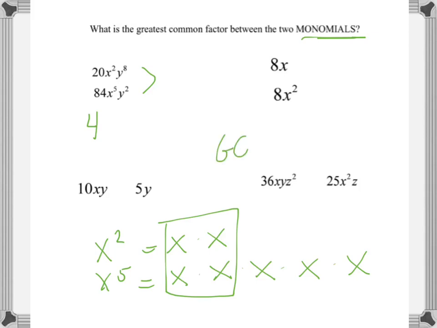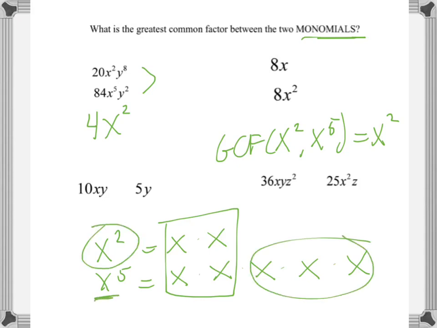The GCF between x squared and x to the 5th is the one with the smallest exponent, because they both share x squared as a factor. X to the 5th has more x factors in it than x squared does, so we just say their common factors are x squared.